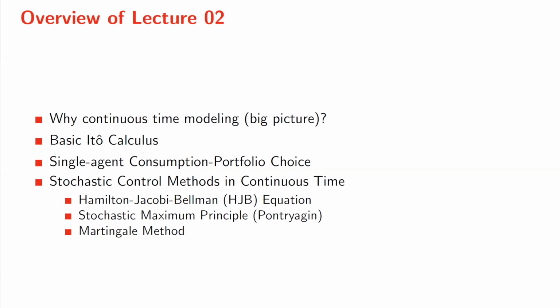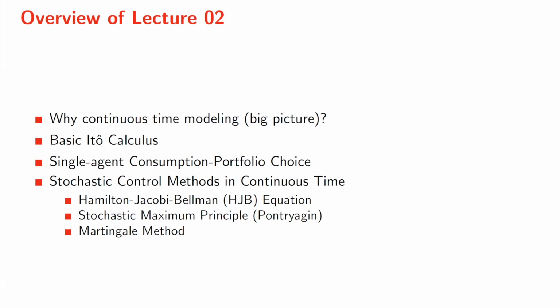We do so using stochastic control methods in continuous time. There are three different ways to do so. One is the standard Bellman equation approach, which we are familiar with from discrete time macro. The second is the stochastic maximum principle approach. And the third, which is often used in finance, is the martingale method. We'll use all three methods to get familiar with them.